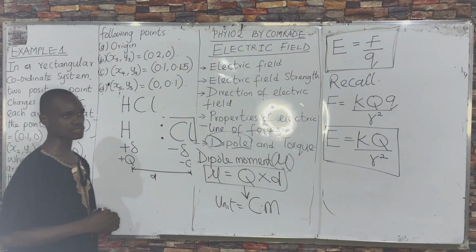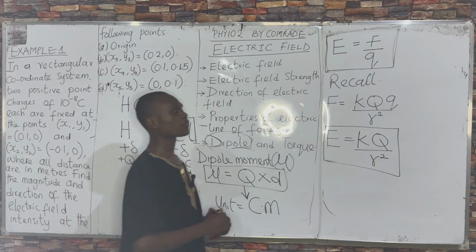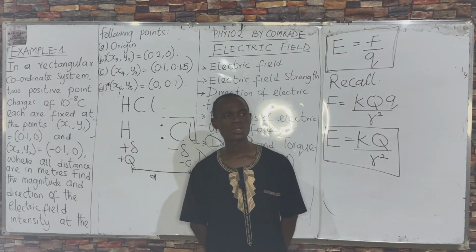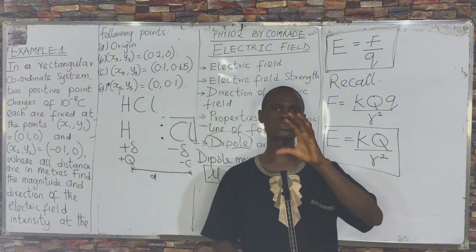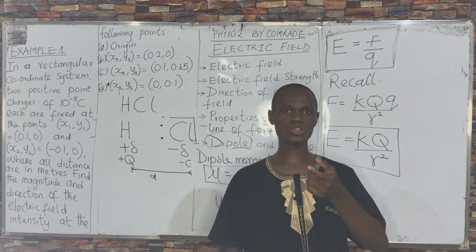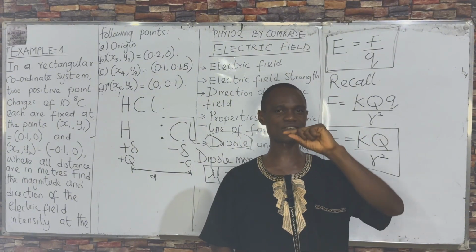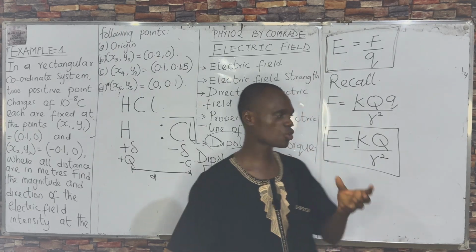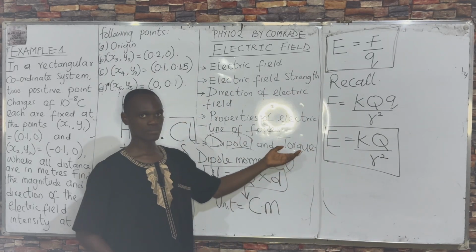Are you seeing it? Now, if a dipole is placed in a uniform electric field, what will happen is that the dipole begins to rotate. And we know from rotational motion that the force that is responsible for rotational motion is called what? Torque. Are you getting it?